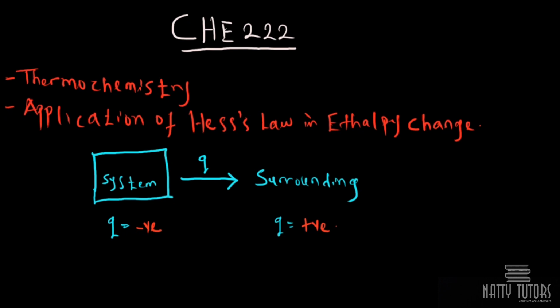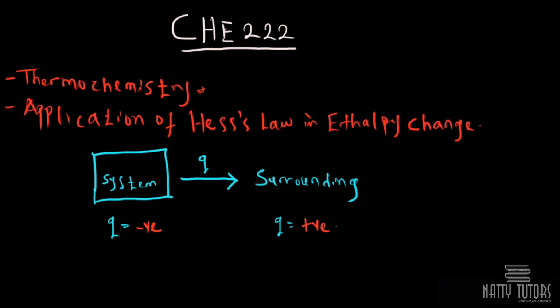Let's take this scenario for instance. We are looking at a system here. There is a release of heat to the surrounding, and when heat is being released to the surrounding, our heat becomes negative, and when the surrounding absorbs the heat coming out from the system, our heat becomes positive.